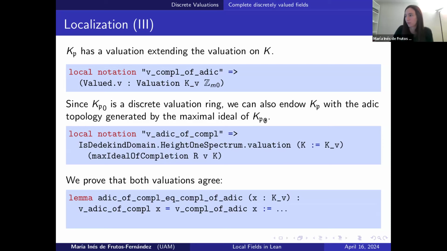I'm calling it that because first I am completing K_P and then I'm taking the valuation generated by the maximal ideal of K_P. So something we did is we proved that these two valuations are actually equal. So they agree on all elements of the field K_P. So we can again identify them when we are working in Lean. Even though definitionally they are not equal, propositionally we can show that they are the same valuations.